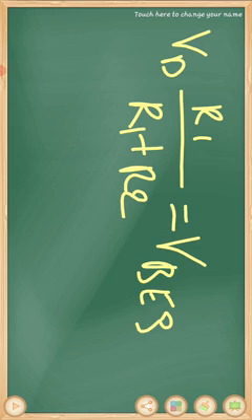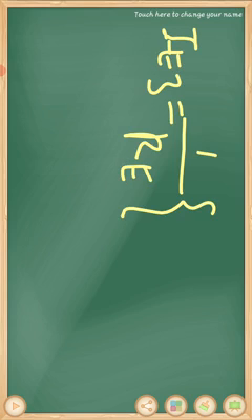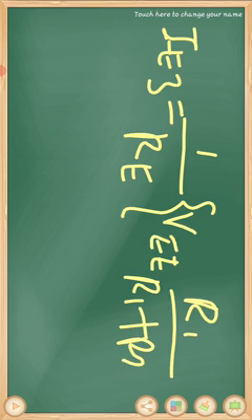Therefore the IE3 expression changes to IE3 equals 1/RE in brackets, VEE, the negative supply, R1 upon R1 plus R2.